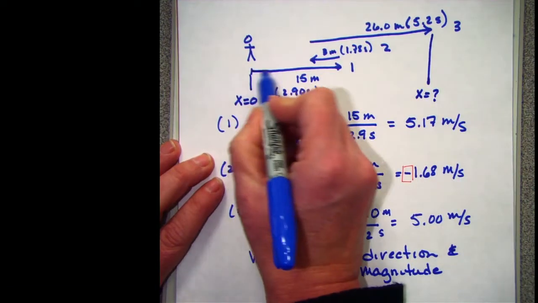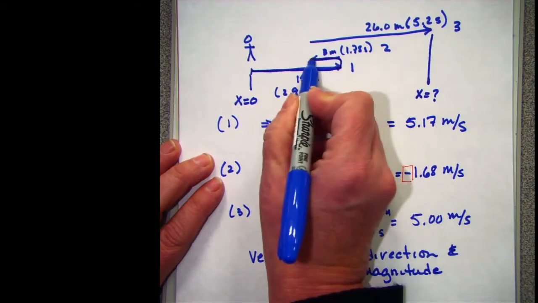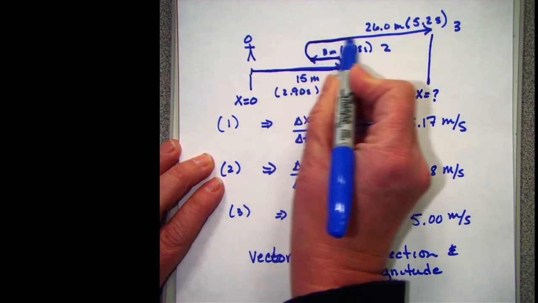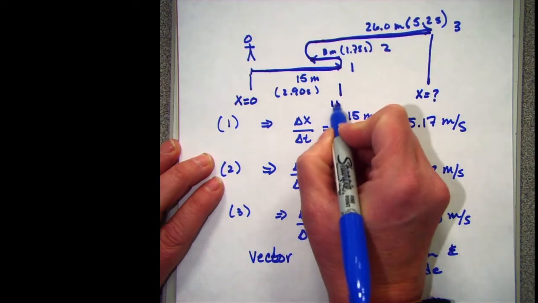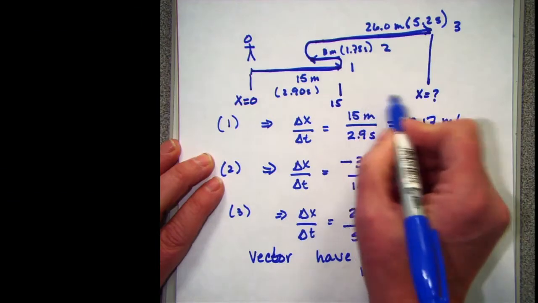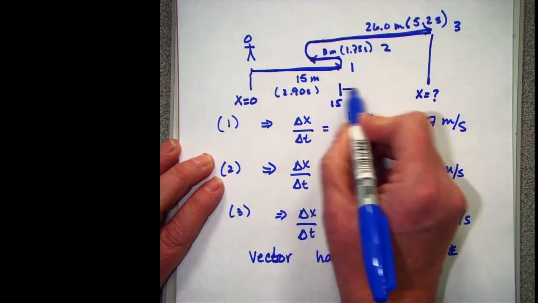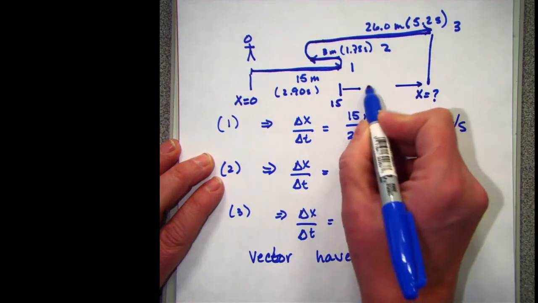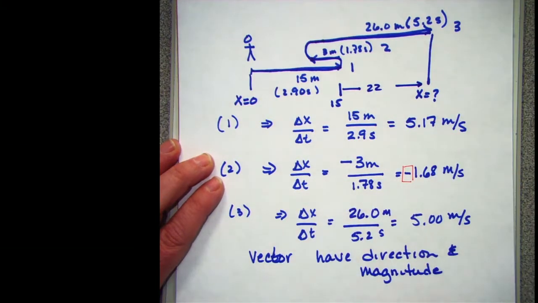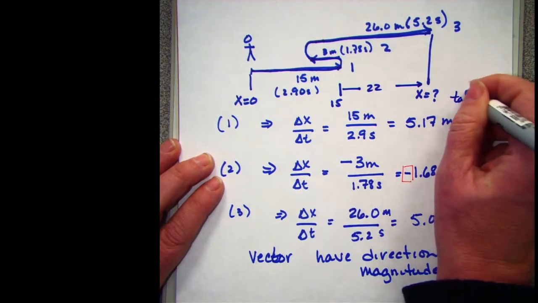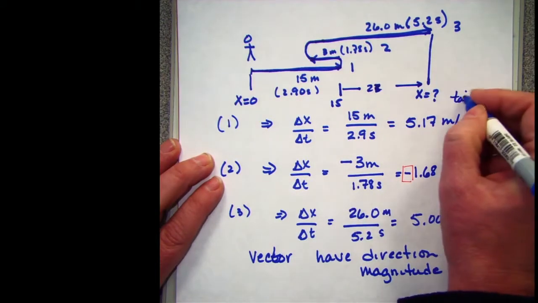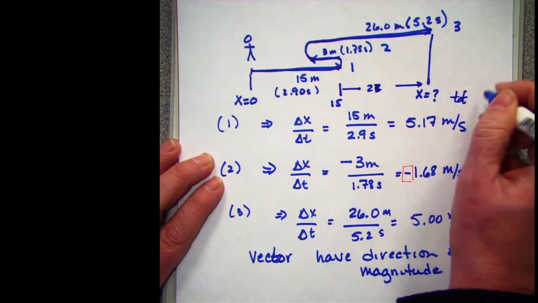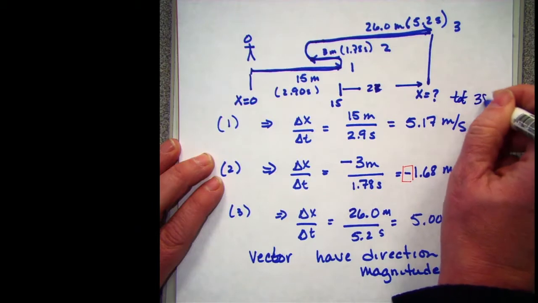So I have to do the follow back here. This ends up being 15 meters. I'm going to add from here to here 22 meters. So the total, you're right, 23. The whole total there is 38 meters.